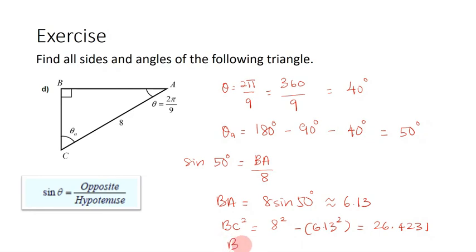Therefore, BC is equal to square root of 26.4231. So it is equivalent to 5.16.